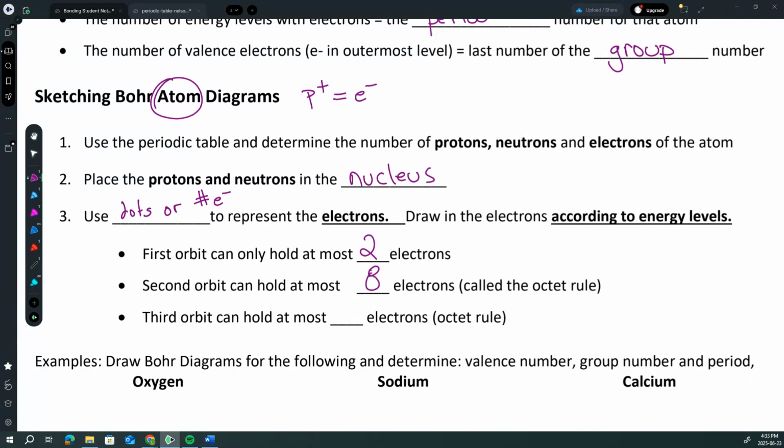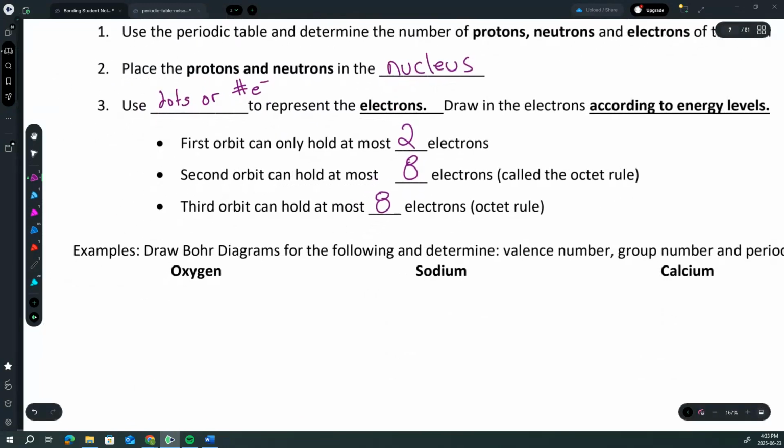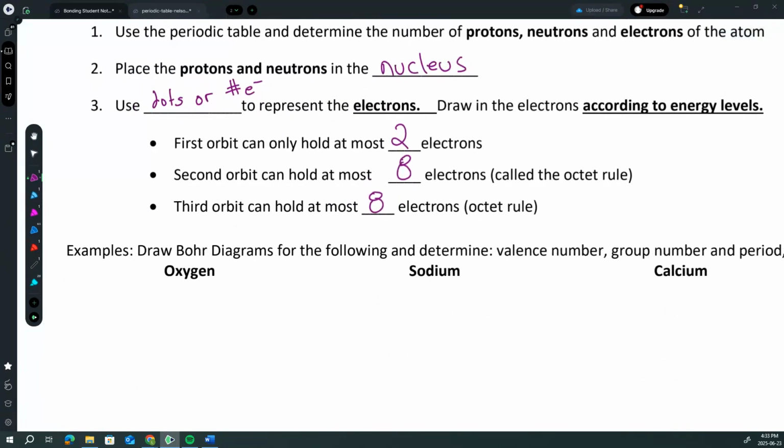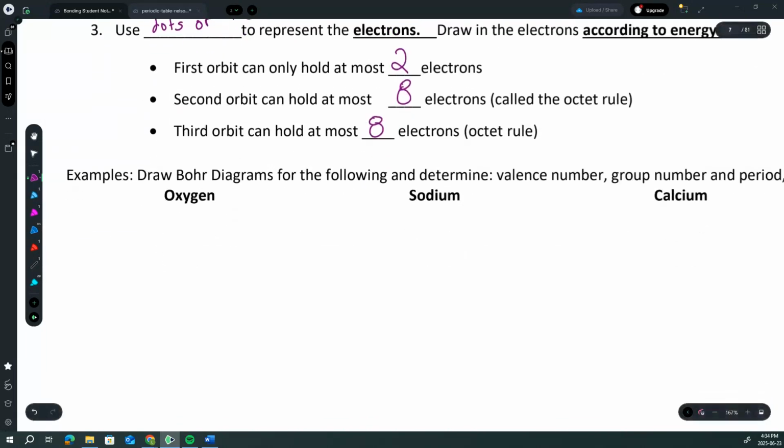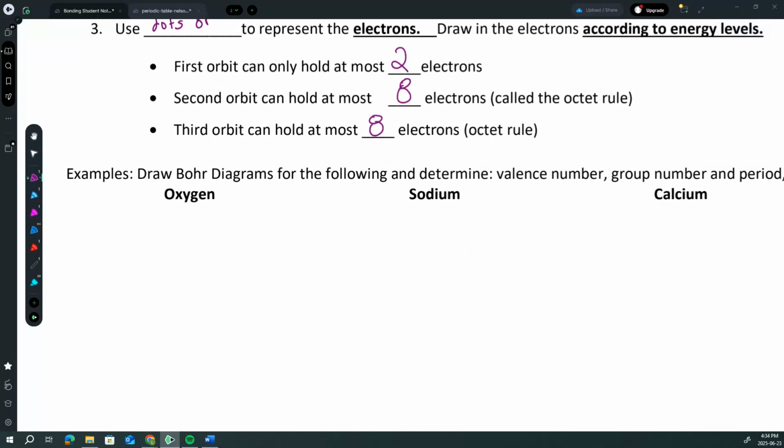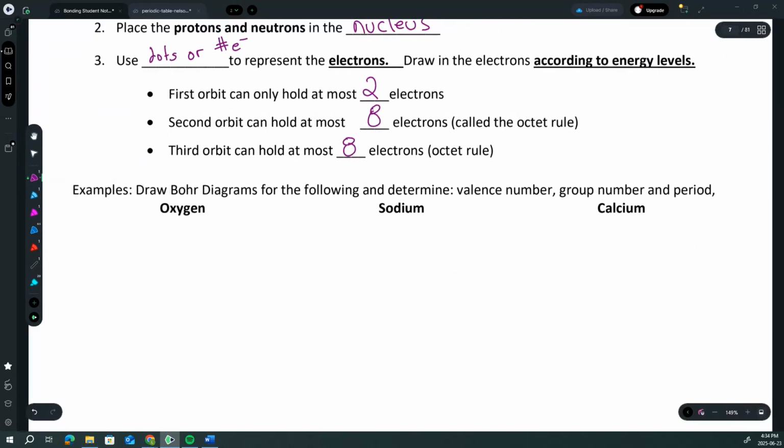And then the third orbit can hold at most 8 electrons, and once again that's an application of the octet rule, which states that in order for an atom to be stable, it has to have 8 electrons in its valence shell.